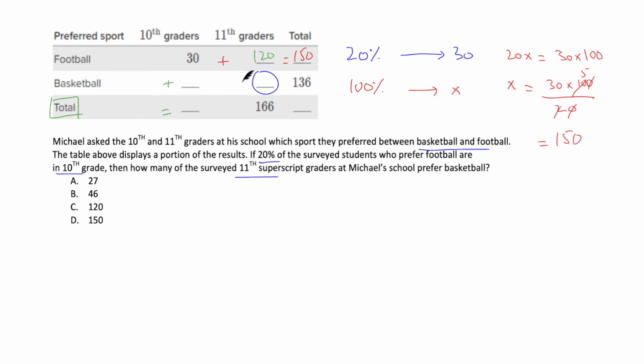Similarly, this number plus this number equals this number. So 120, I can write it like this: 120 plus x equals 166. X equals 166 minus 120, which is 46. That's our answer, and that is option choice B.